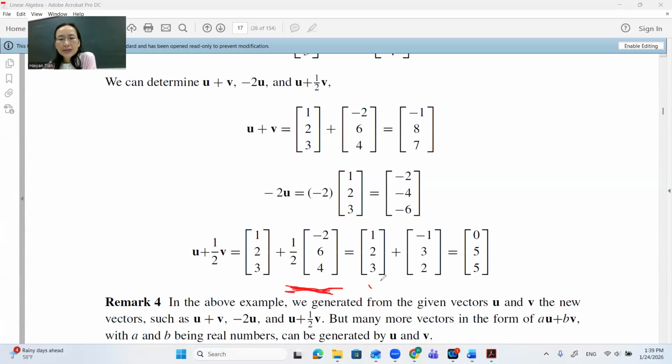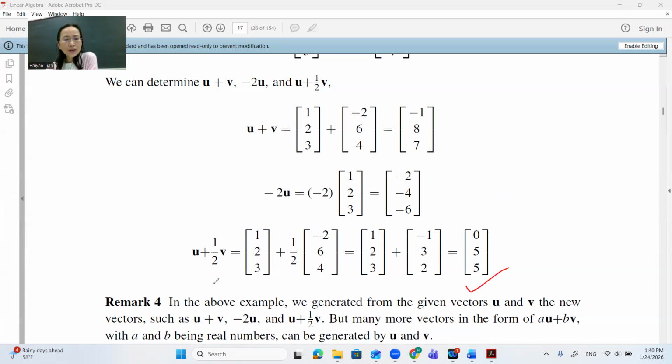So keep the u as is and figure out half of v. Half of v means half times each entry of v. And then together, the sum will give a new vector, which is 0, 5, 5. So you see that's just a combination, a sum of two vectors.